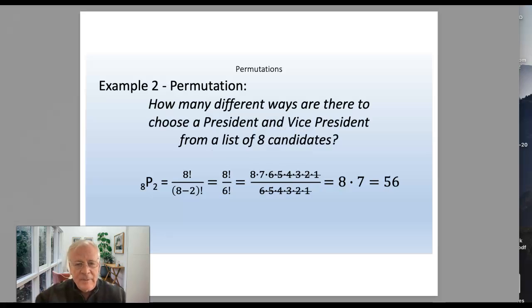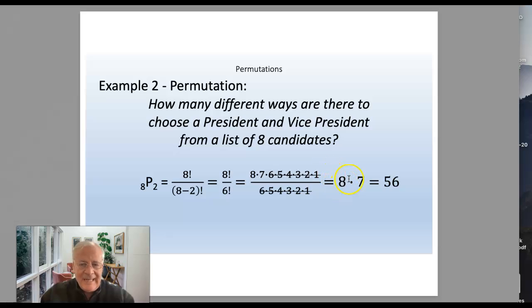Again, as another example, how many different ways are there to choose a president and a vice president from a list of 8 candidates? Again, that's 8 permutate 2, because it's just president and vice president. So 8 factorial on top, and 8 minus 2 factorial on the bottom, which is 6 factorial. The 6, 5, 4, 3, 2, 1 on the top and the bottom cancel out.